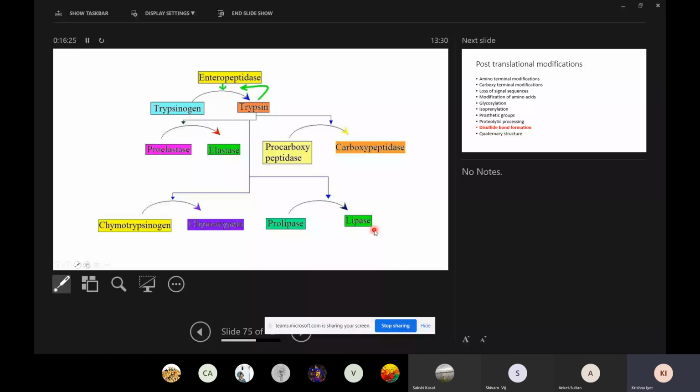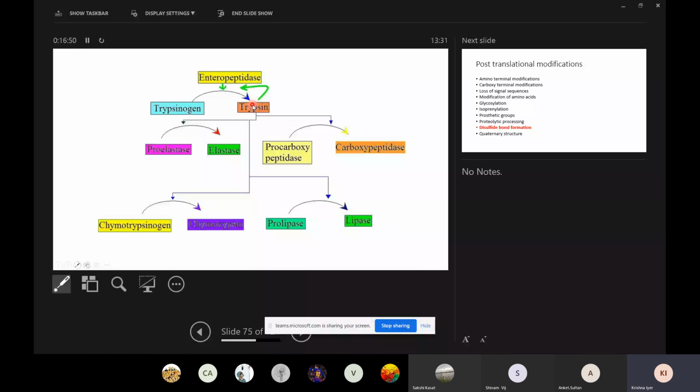It's very interesting. This is a protein which activates all of these by taking out a piece, a sequence of peptides. But it itself is activated by another peptidase which takes a piece out of trypsinogen to give you trypsin. So in all of these, if you look, there is proteolytic processing. That means a peptide removal based activation of a protein.